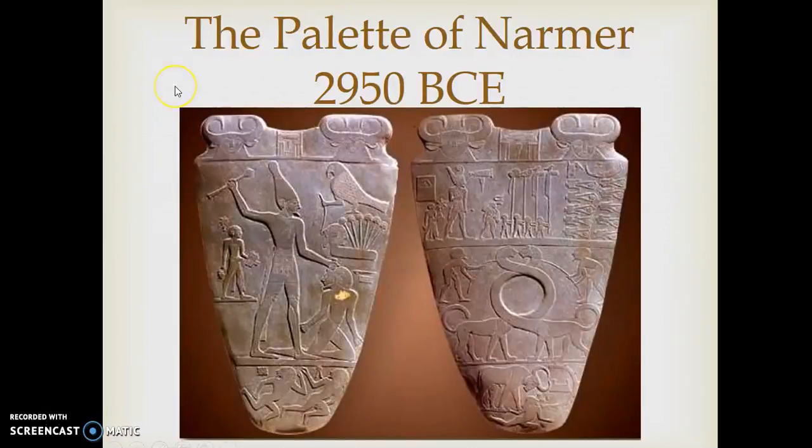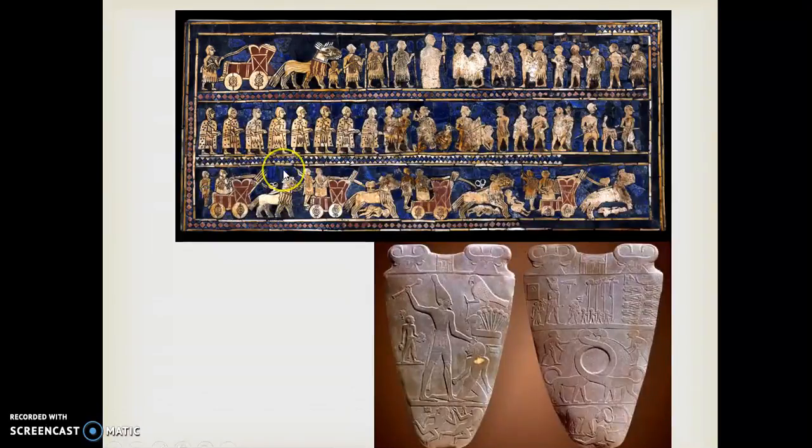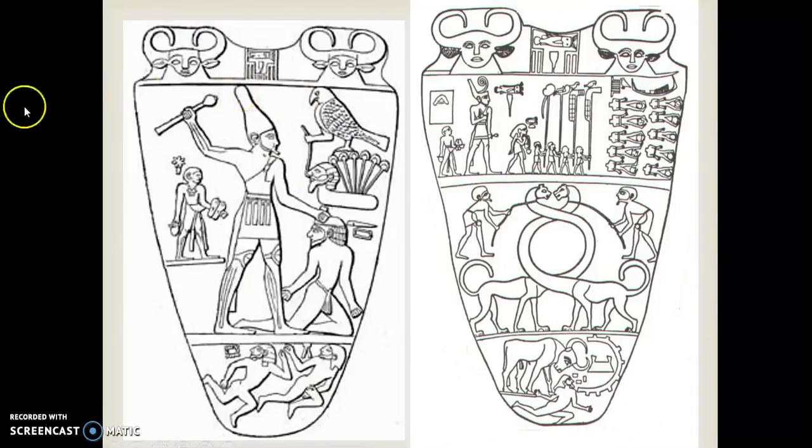I want to break this image down, and I think it's easier to look at if we look at a sketch of it. So I believe this is the front of the Narmer palette, and these heads up here, which you see on both sides, are supposed to represent the cow goddess Hathor.